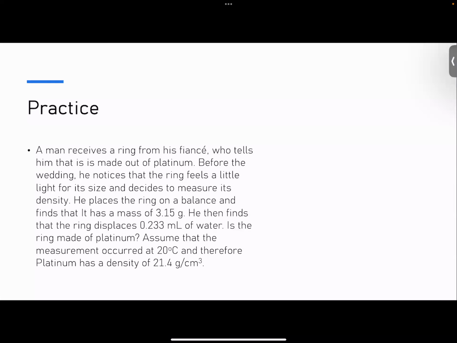He places the ring on a balance and finds that it has a mass of 3.15 grams. He then finds that the ring displaces 0.233 milliliters of water. Since that is the amount it displaced, that is the volume.